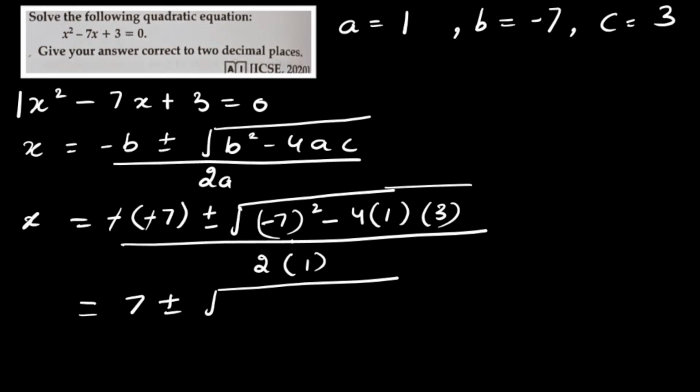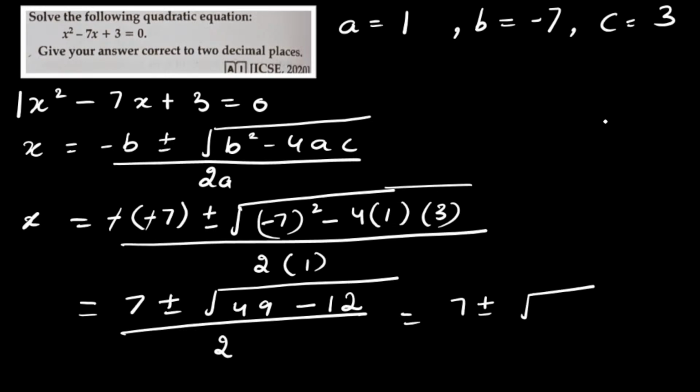The square of a negative is a positive number, so the square of minus 7 is 49, minus 4 into 3, which is 12, by 2. So this is equal to 7 plus minus the square root of 49 minus 12, which is 37, by 2.